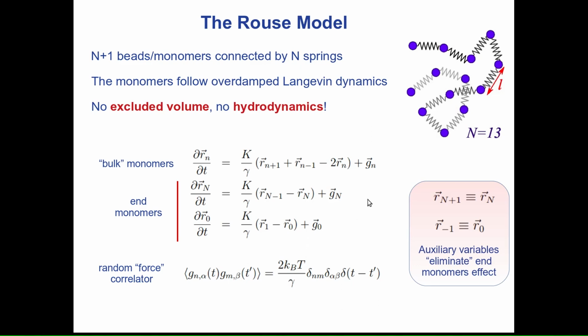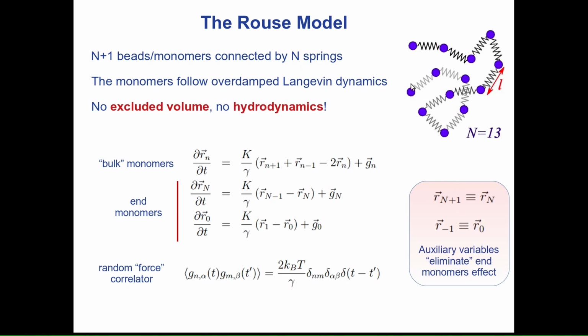Perhaps the bit annoying factor here is that we have to deal with three different types of equations. Well, actually we can work with only one type of equation if we add two additional fictitious beads, one at one end and the other at the opposite end, with positions R minus 1 and R N plus 1.